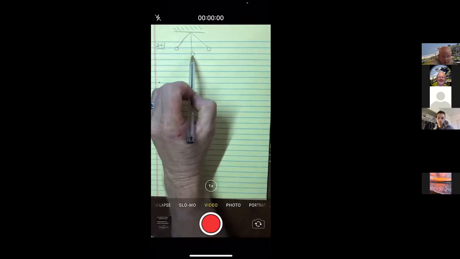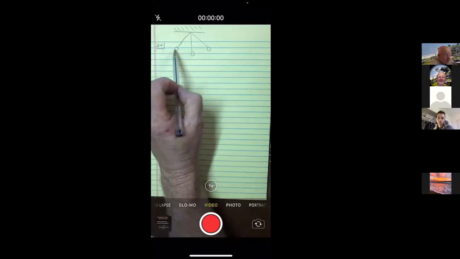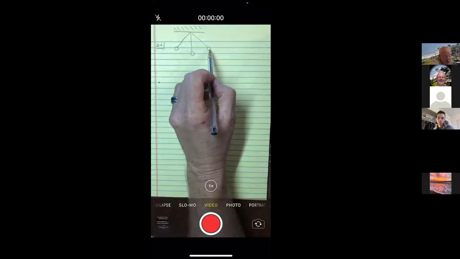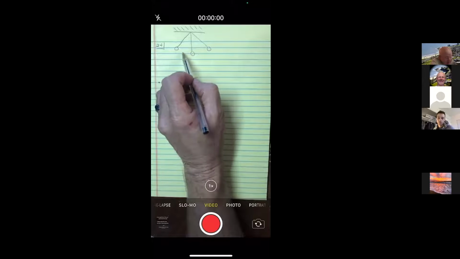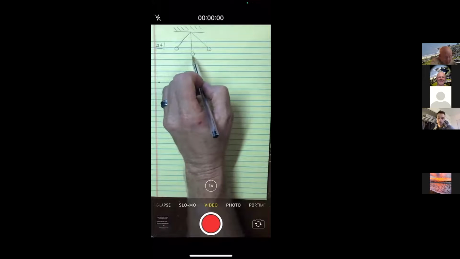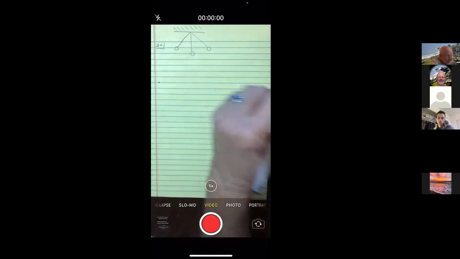Did you notice it went through the equilibrium twice for one cycle? Or maybe if we started it on the right, it would swing down, go to the left, and come back. So again, it went through the equilibrium twice. That's one cycle.